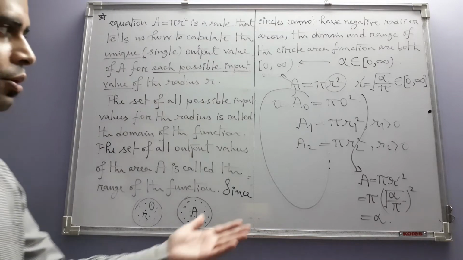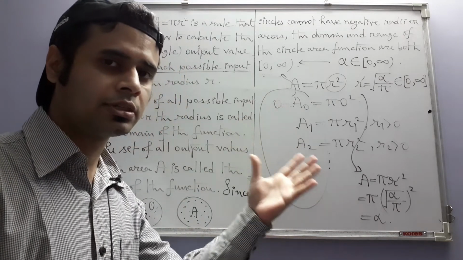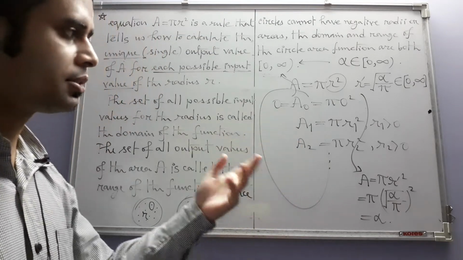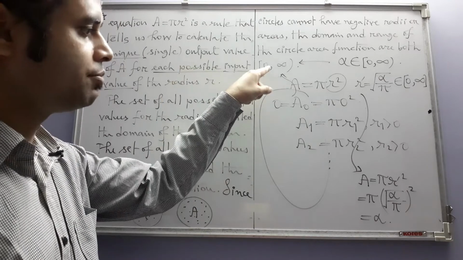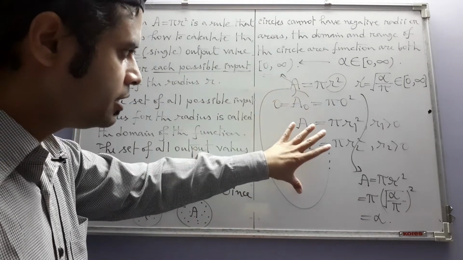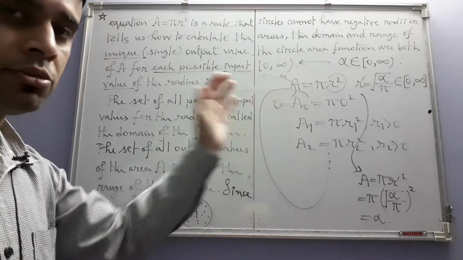So yes, not only are all the areas that we get for the circles non-negative real numbers, but in fact every non-negative real number appears as the area of some circle. So the range is not only a subset of this, the range is in fact equal to this.